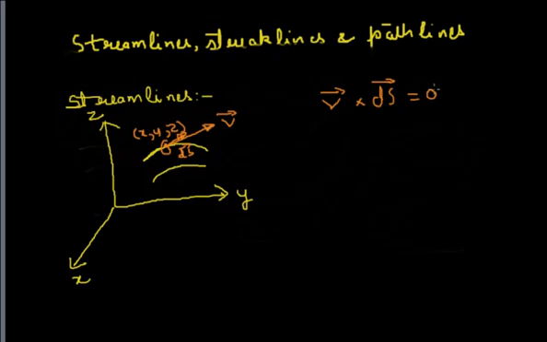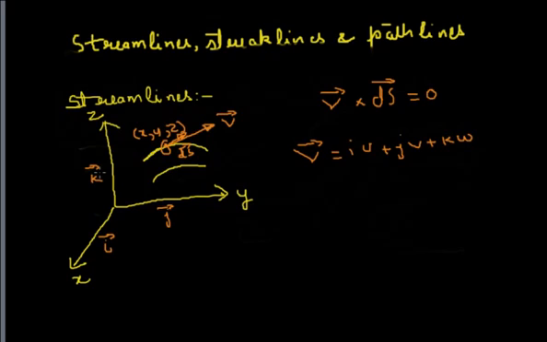The velocity vector v can be written as i u plus j v plus k w, where i, j, k are the unit vectors in x, y and z directions.